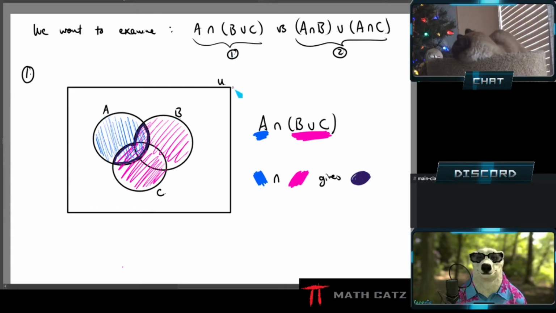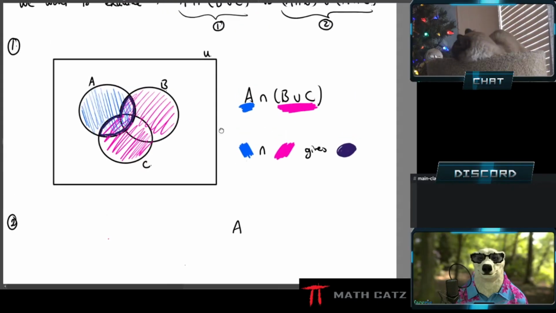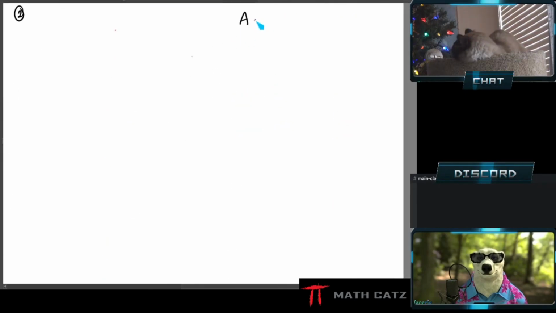Now I'm going to do the exact same thing, but according to number 2's instructions. So now it's a fresh start. Number 2 said what? A intersection B, then A intersection C, and then union those two.